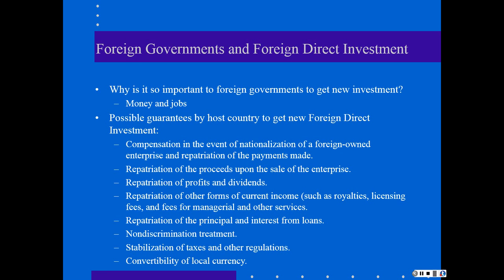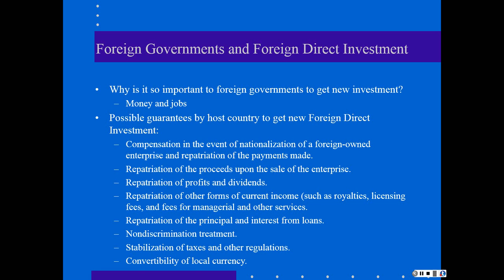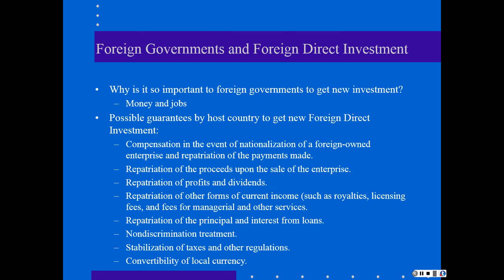It becomes more of a problem. Then there's stabilization of taxes and other regulations. The foreign government may move to stabilize the taxes. And then, of course, they can guarantee convertibility of the local currency. All of these reduce the risk of using foreign direct investment. They're sweeteners, so to speak.